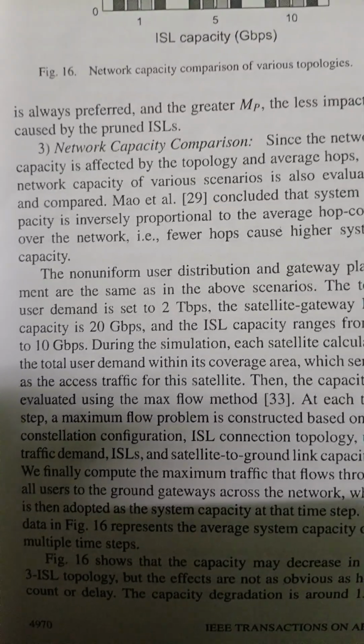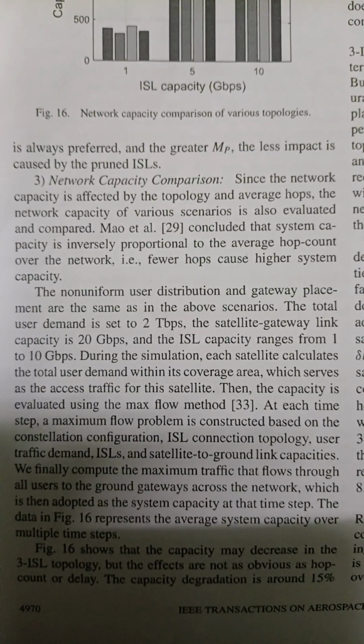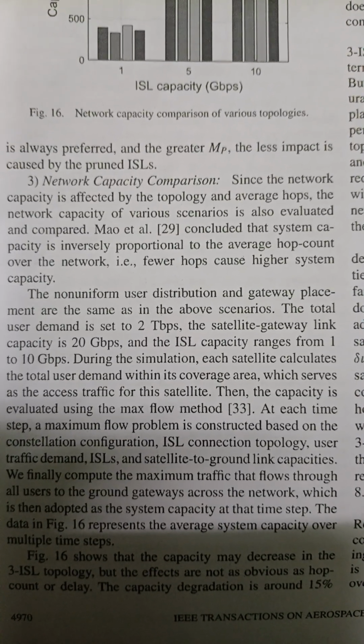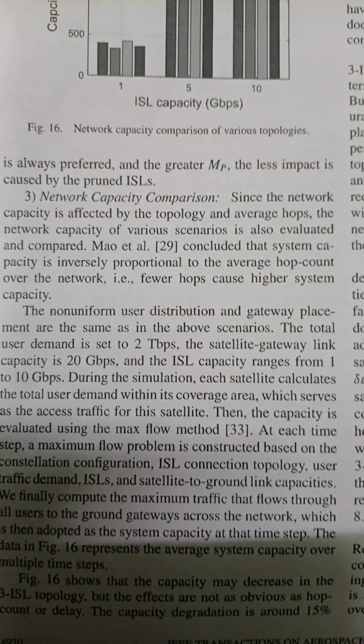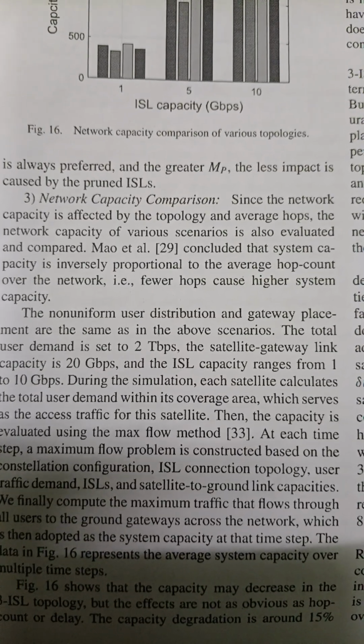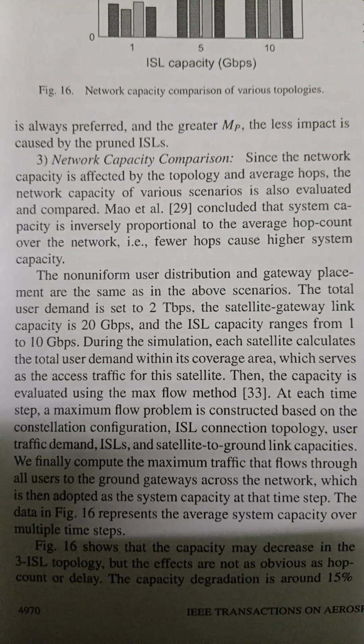We finally compute the maximum traffic that flows from all users to the ground gateway across the network, which is then adopted as the system capacity at the time step. The data represents the average system capacity over multiple time steps.